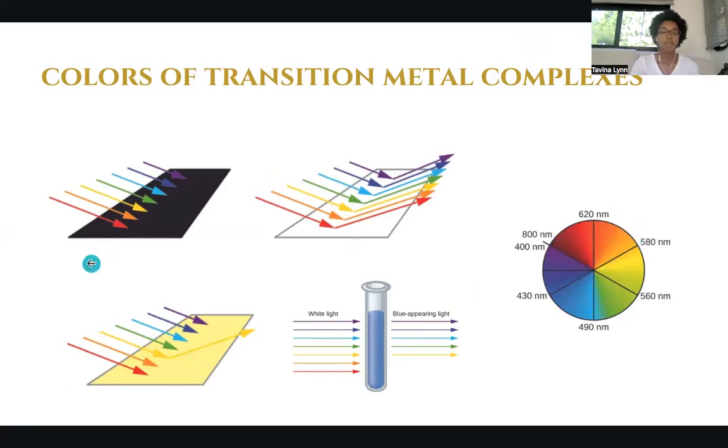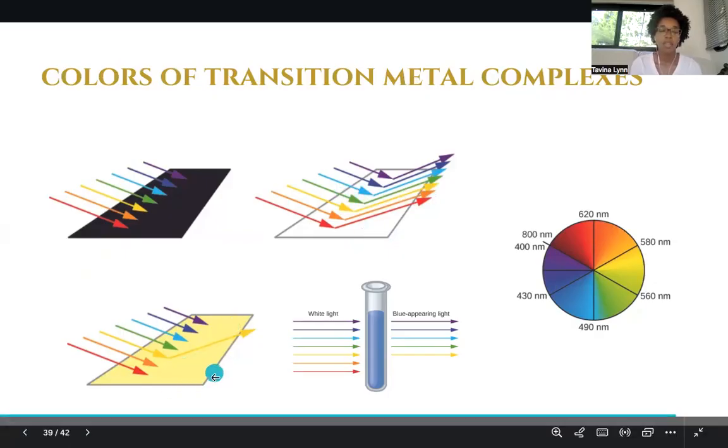So if something absorbs all visible light, it will appear black to the visible eye. If none of the light or colors are absorbed and it's all reflected, then it appears white in color.